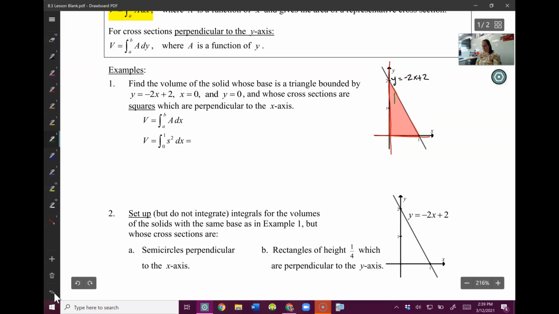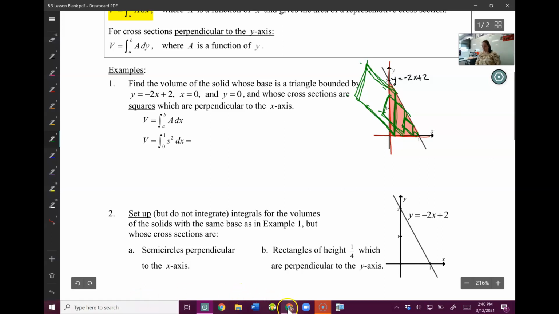So to help you visualize it, I'll try and draw this up first. This is the base of our square, and then essentially we have a really big square that sticks out from that base. And as we go, the base of our squares is becoming smaller. So we end up with this 3D shape.